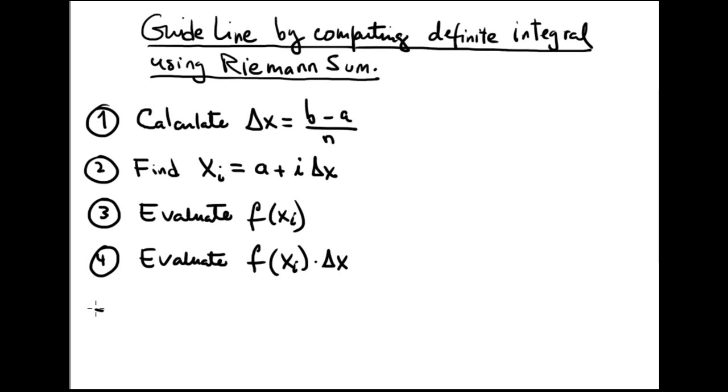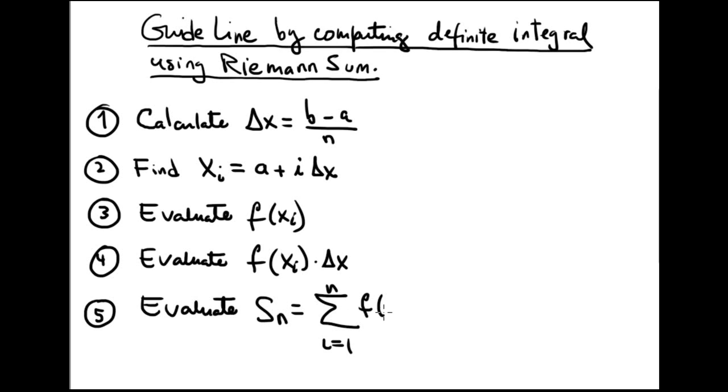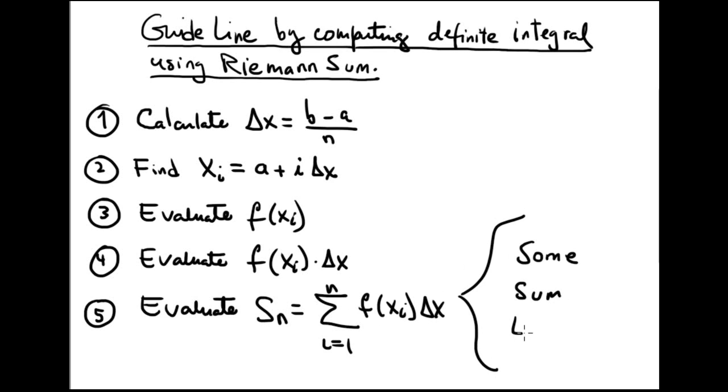Number 5 is evaluate S sub n, which is equal to the summation, with i starting at 1 to n, of the product f of x sub i times delta x. In this part, normally we use sum laws.